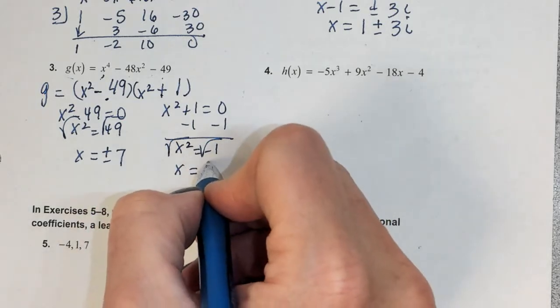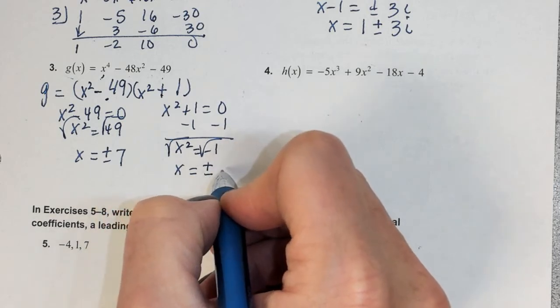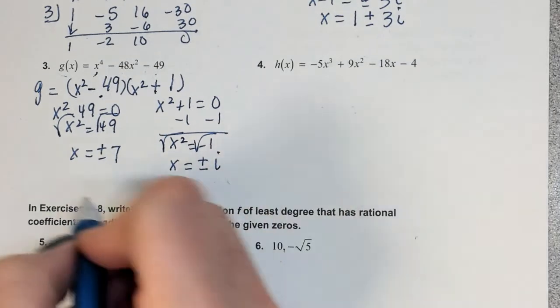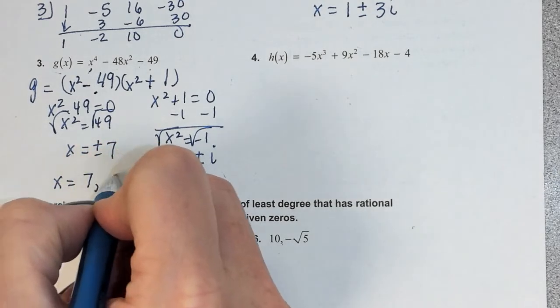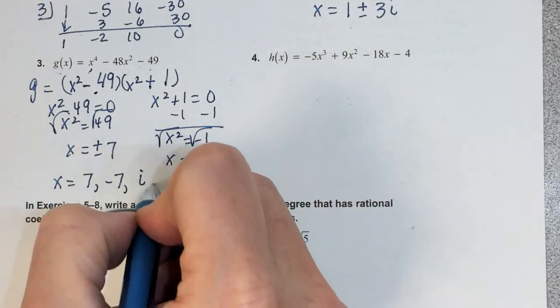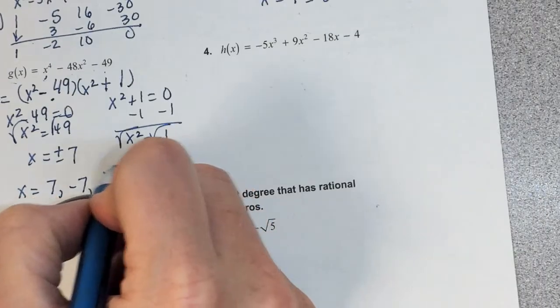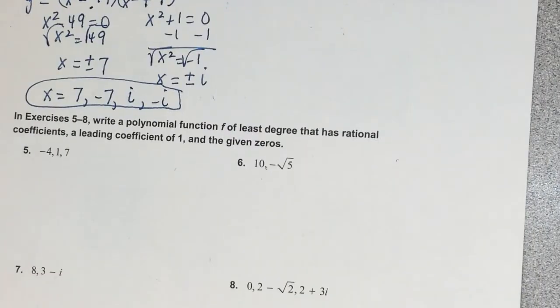It would actually be plus or minus i. So here would be the 4 zeros. Positive 7, negative 7, positive i, negative i. Does that give us all of our solutions? Yep. So we're good. All right.